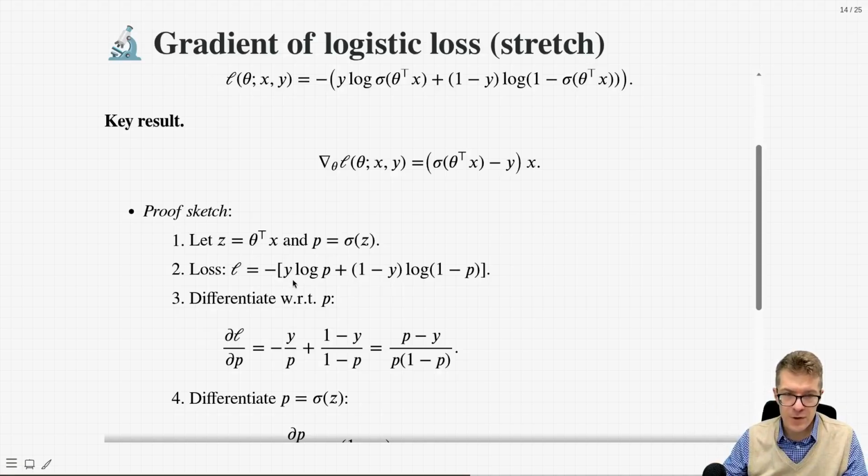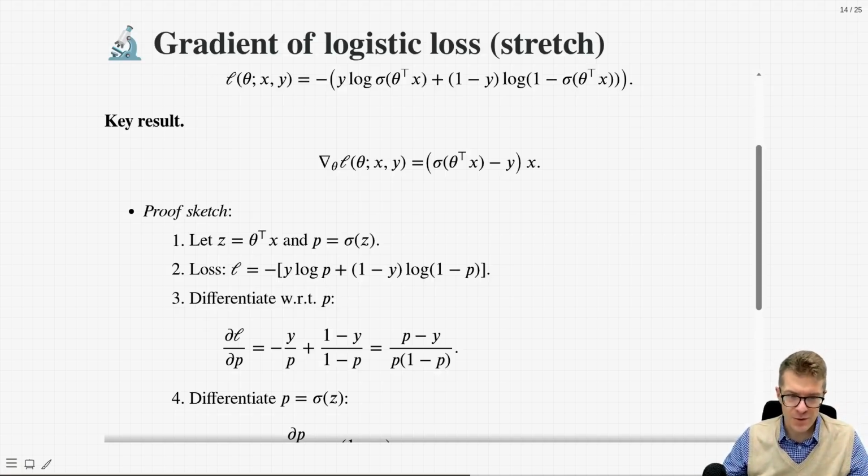So take this first term, which is minus y log p. y is essentially a constant, so we leave it alone. Log p is our function of p, which is the variable against which we're trying to differentiate. We know, and you may remember, that the differential of log of p with regards to p is just 1 over p. p could be x.